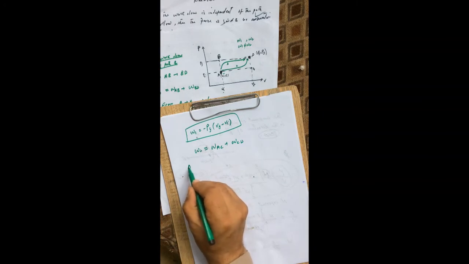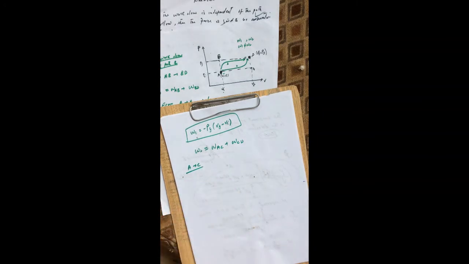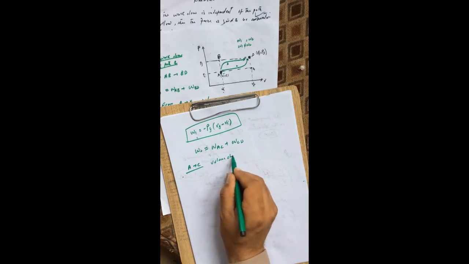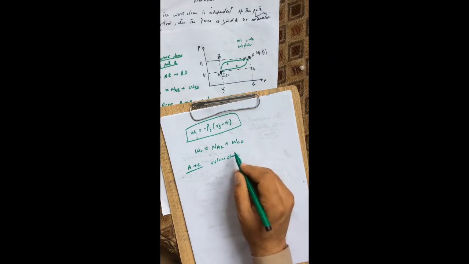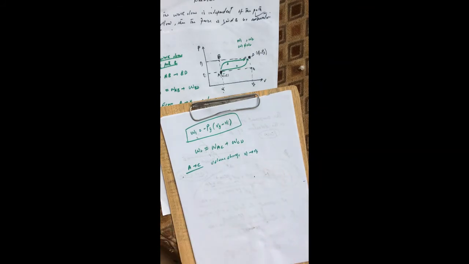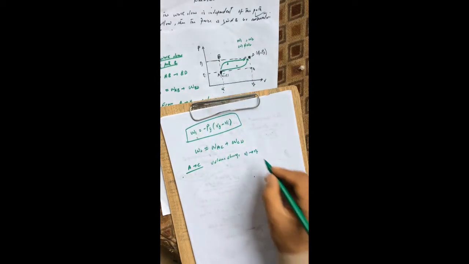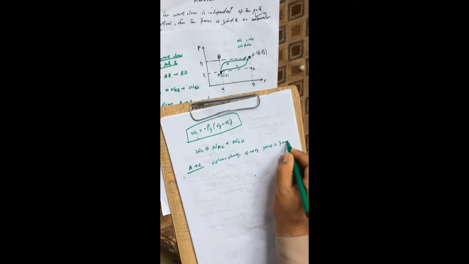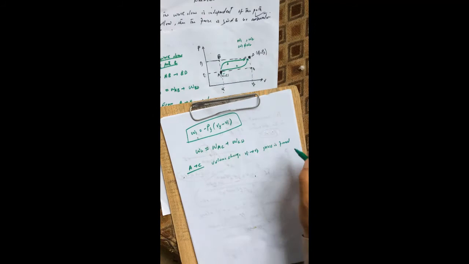Now along A to C, what will happen? The volume changes from Vi to Vf, while pressure remains fixed. Pressure is fixed, which is Pi.